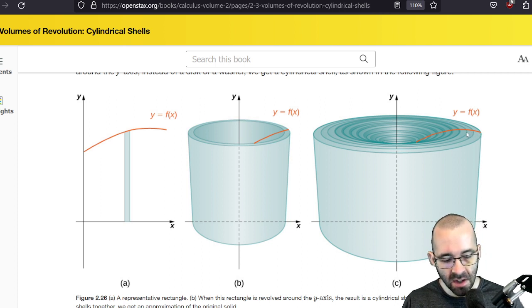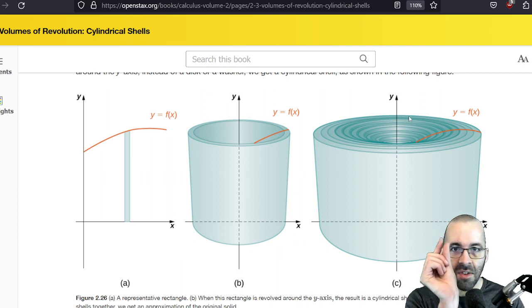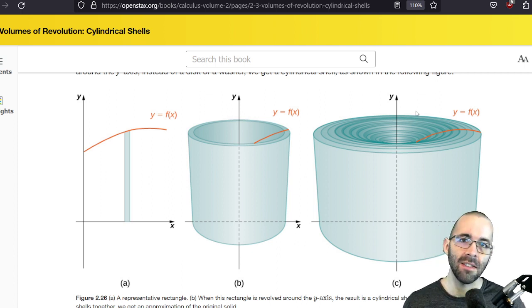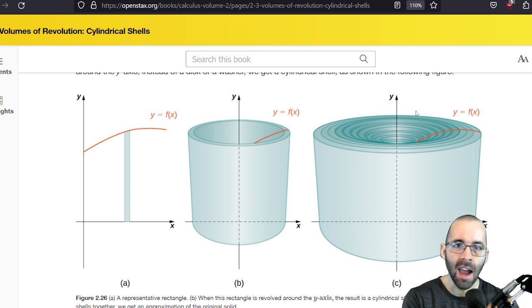Now, each one of these tiny little chunks is one of these. So if we could find the volume of one of these and add up all of the volumes, making them thinner and thinner, that's another way of getting volume. And again, adding up an infinite number of infinitely tiny things in this manner, that's an integral.